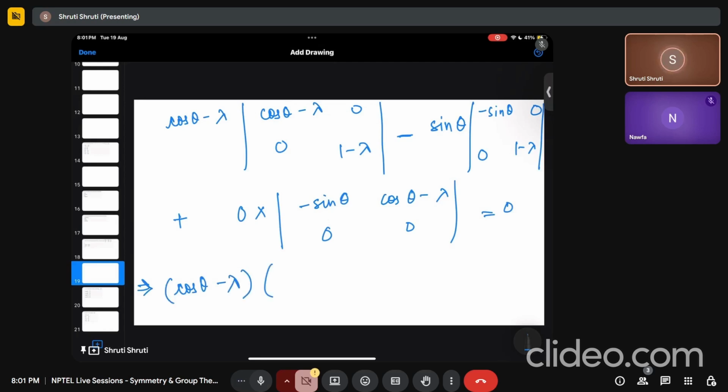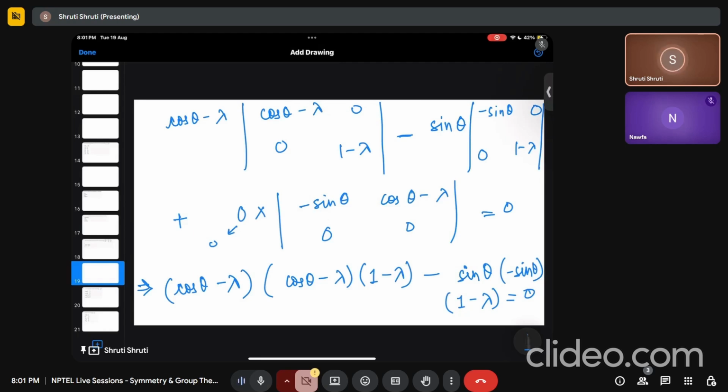When you do this calculation, you will have this equation, and this term is 0 anyway.